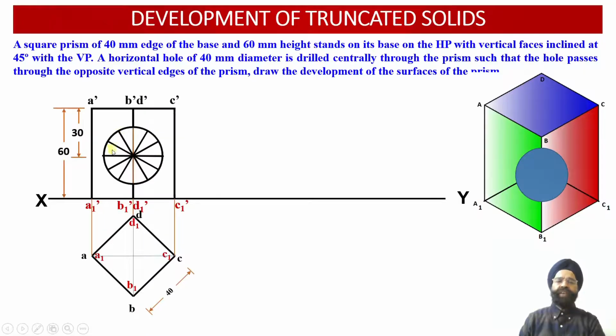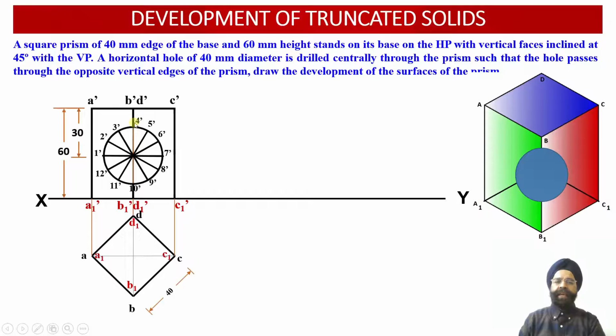This we have divided into 12 equal sectors, such that the included angle for each one of these sectors should be equal to 30 degree. So all these 12 points corresponding to the circular hole in the front view projections we have marked in the elevation projection view.